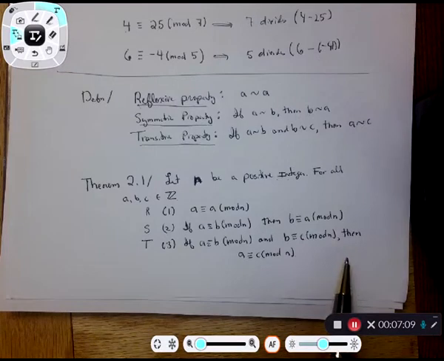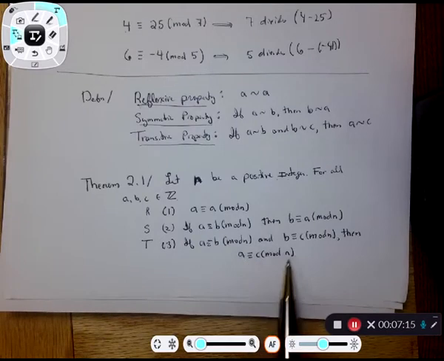So therefore, n divides A minus C, and therefore A is congruent to C mod n.